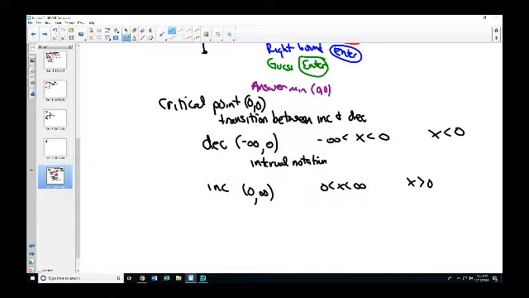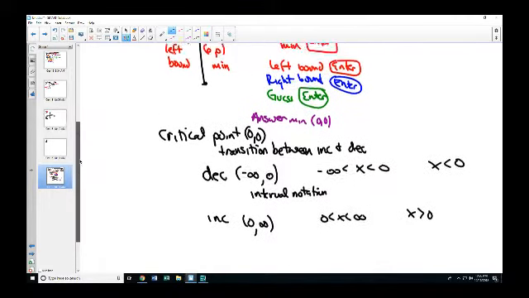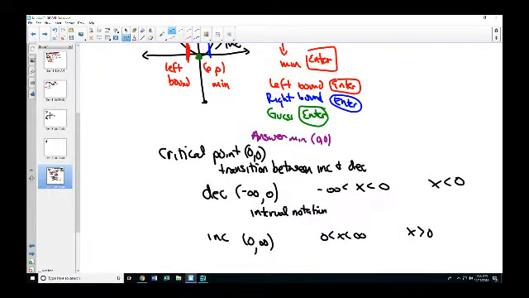It's a lot easier, but it helps to start it this year. Questions on the increasing, decreasing calculator? Okay.